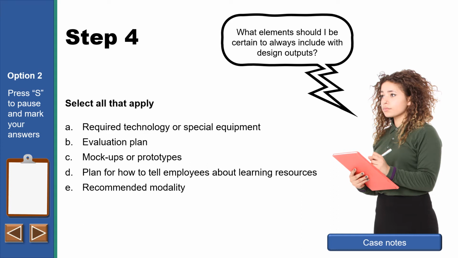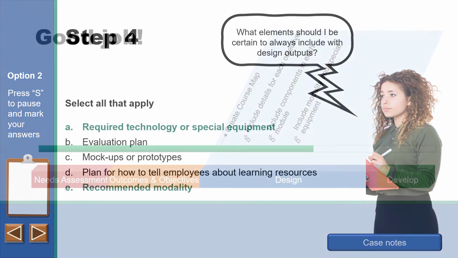Continuing on, my choices for what elements I should be certain to always include with the design outputs were these two, and these were two that they specifically mentioned in the section. Required technology or special equipment and recommended modality, and I'll talk more about those.